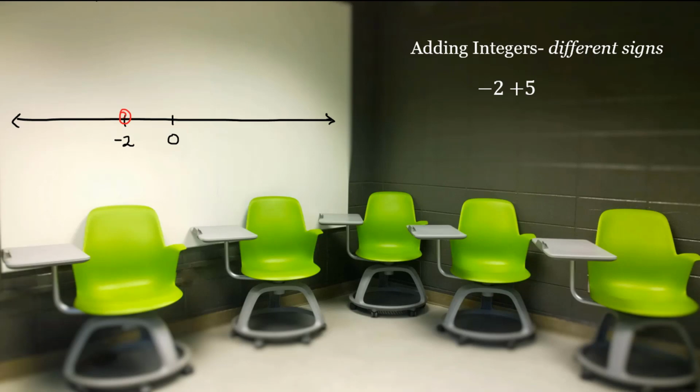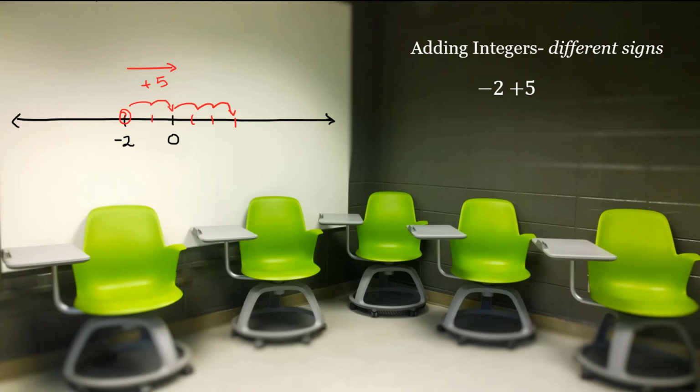And we're adding, and since we add, we're moving to the right 5 places. Well, if I move 2 places, I'm here at 0. But I haven't gone all the way that I'm supposed to because I got to add 5 places to it. So if we add 5, that means we're moving to the right 5 places. I've already gone 2, and now I'm going to go 3, 4, 5 more places.